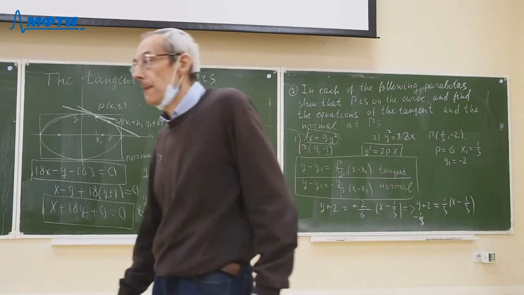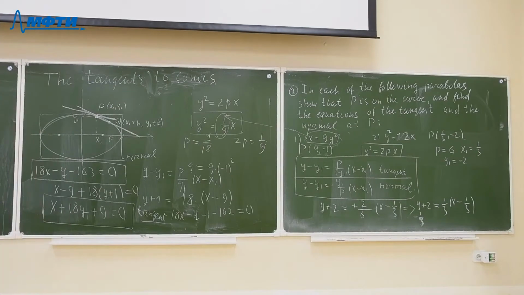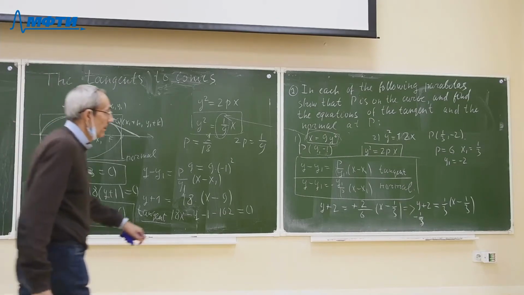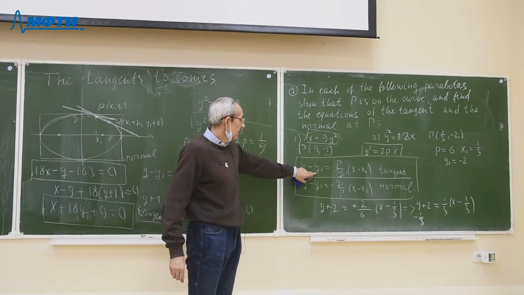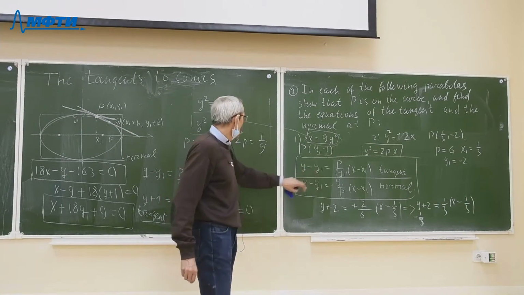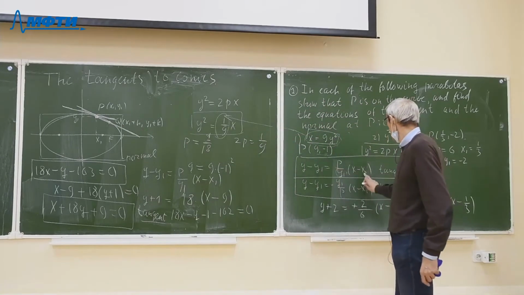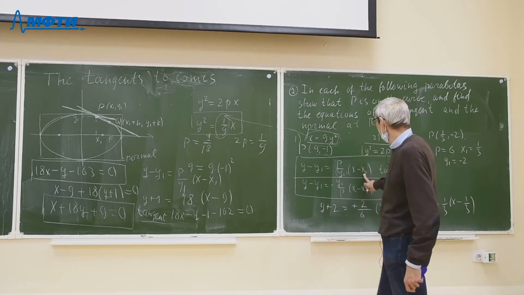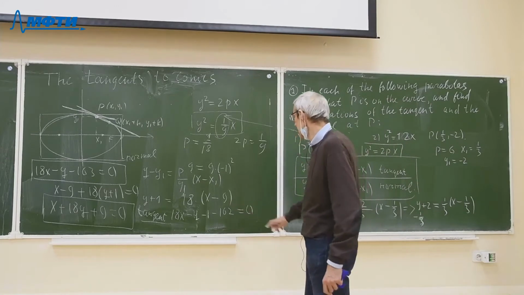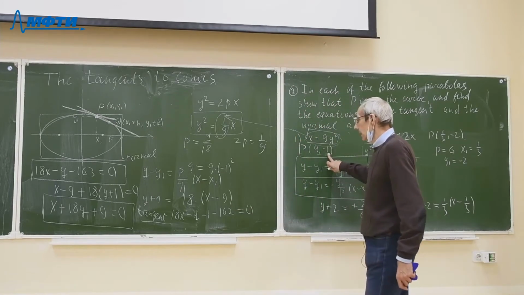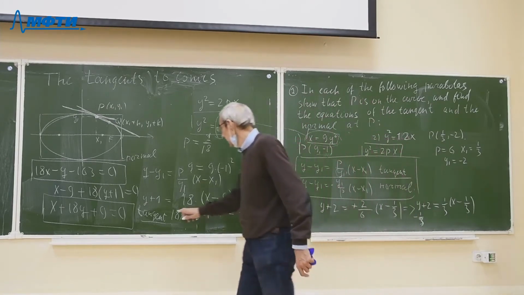Yes, in the previous part, you wrote y minus y1 equals p over y1. P is 1 over 18 and y1 is -1, right? Yes, x1 is equal 9, and y1 is equal -1.